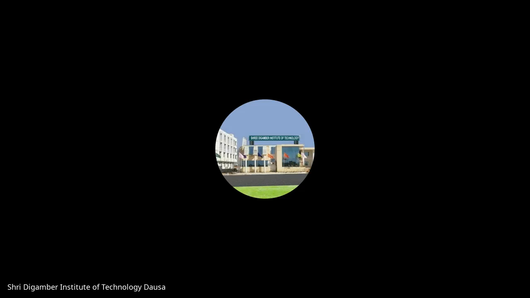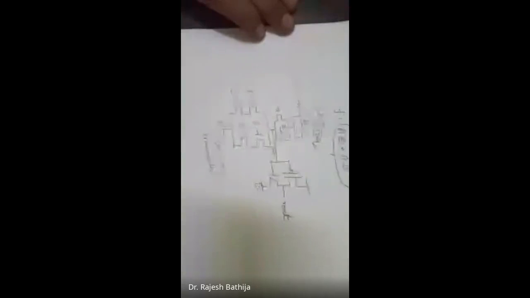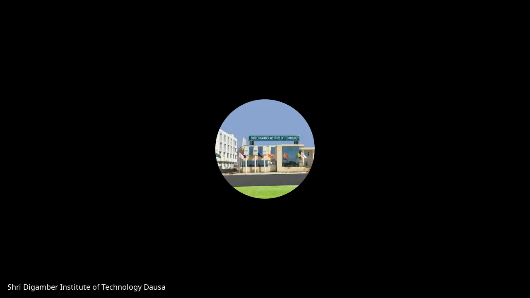Anybody, sir, blur is coming. Blur is coming. Wait 2 minutes, it will come. Wait 2 minutes, it will come. It takes time. It is not visible properly. This design is there. Tell me the number of transistors. Anyone?